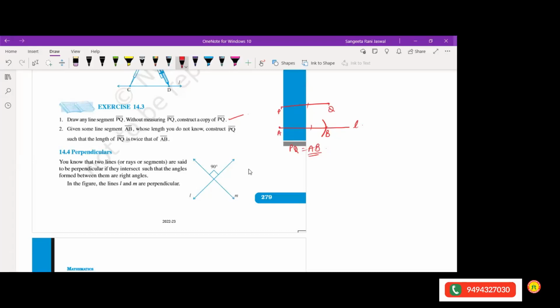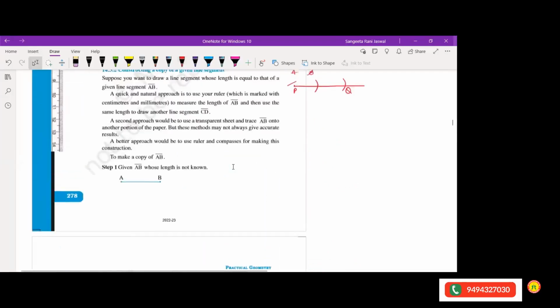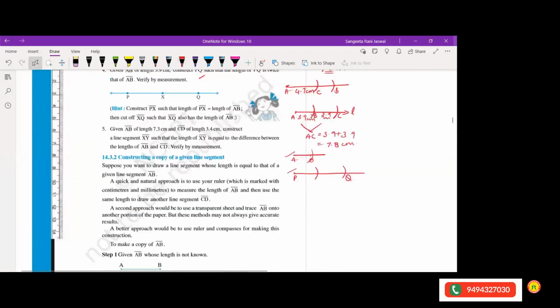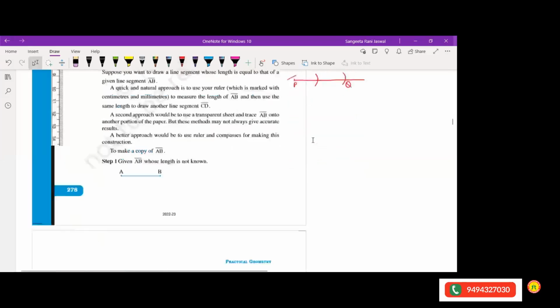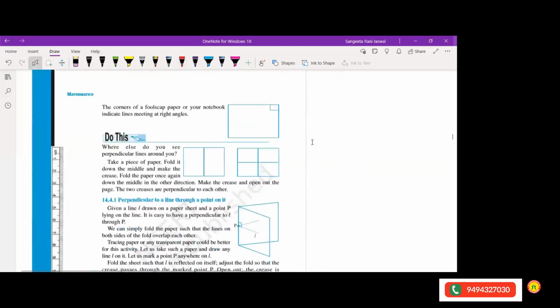Can you do that? This question is very similar to what we did in the previous exercise, where the length was double. Same thing you have to do here.